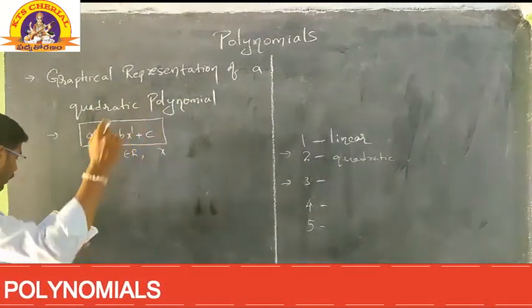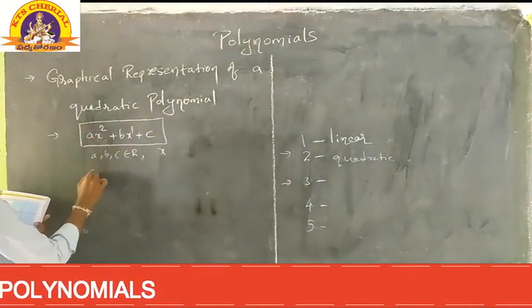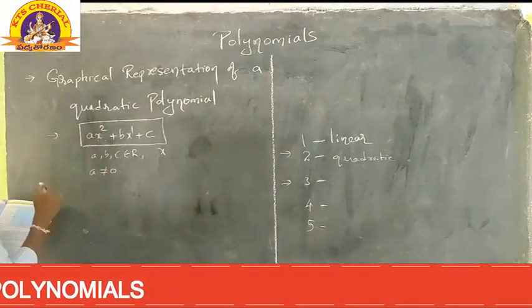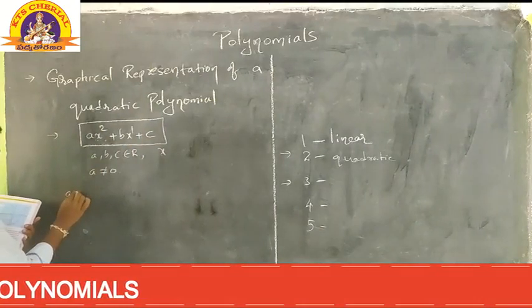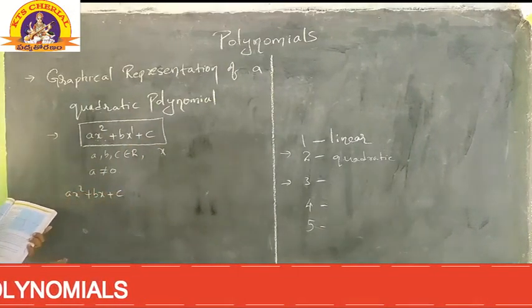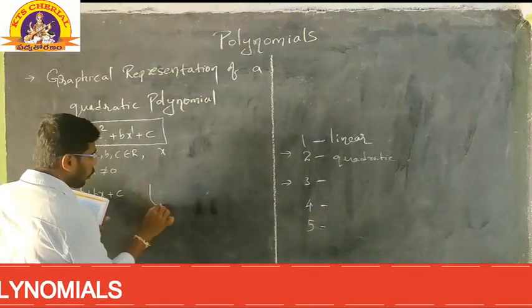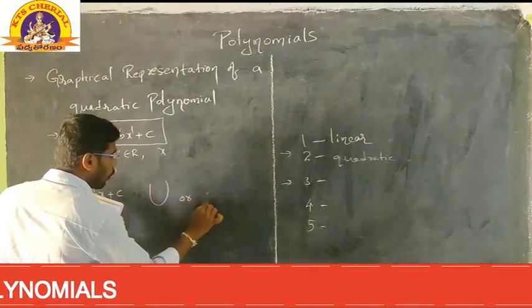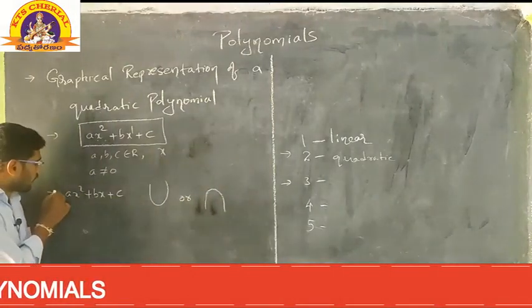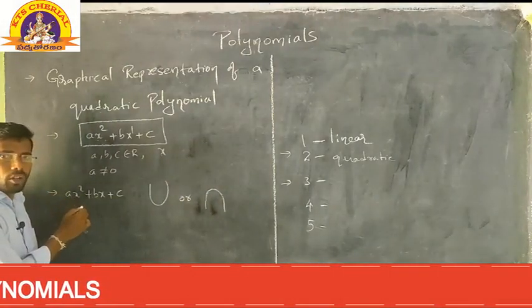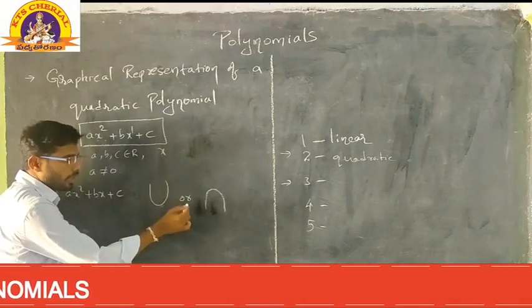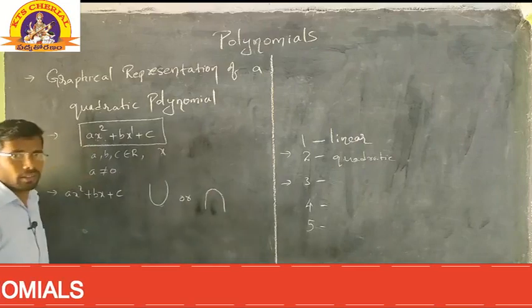Now, in this, the value of a is always not equal to 0. The shape of ax² + bx + c is either open upwards or open downwards, a U shape like this or a downwards U shape like this.